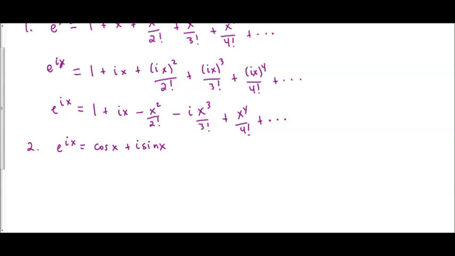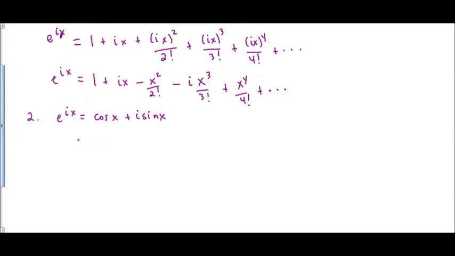We're just going to show that that's what this is. And we're just going to begin by writing down the Maclaurin series for cosine x, which gives us 1 minus x squared over 2 factorial plus x to the 4th over 4 factorial, and that continues.